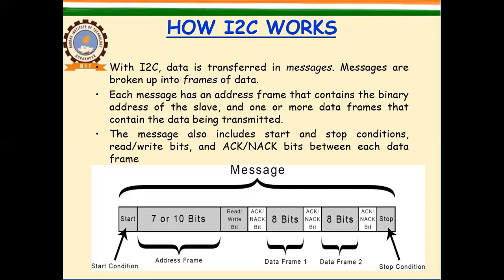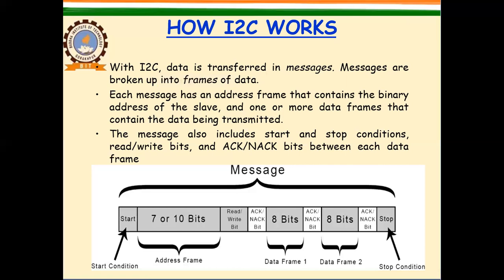So if we see the message format or the data format, there is a considerable change between SPI and I2C. In the case of SPI, there is no definite frame, no definite structure. It only says that whenever the clocks synchronize the operation between master and slave, the data is transmitted from master to the slave or from the slave to the master continuously.